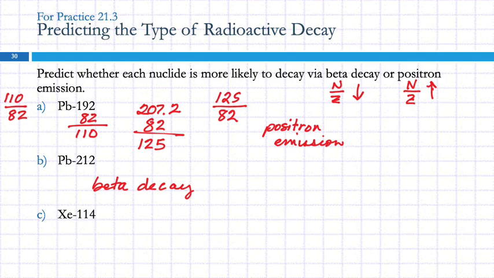How about xenon-114? The average atomic mass of xenon is 131.3. This has a mass number that's lower. So I need to increase the number of neutrons relative to the number of protons. How am I going to do that? Positron emission.